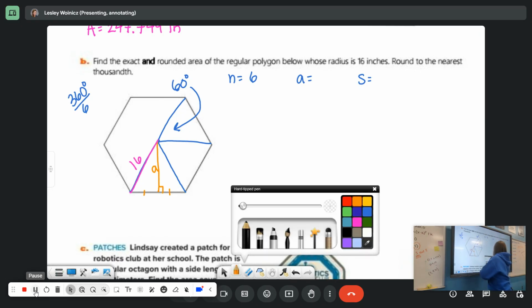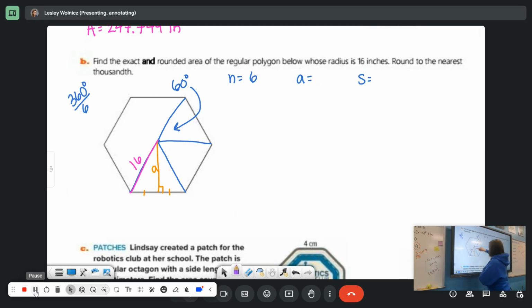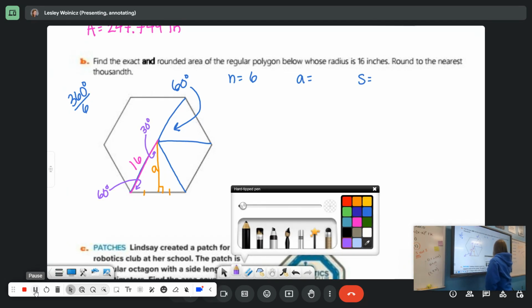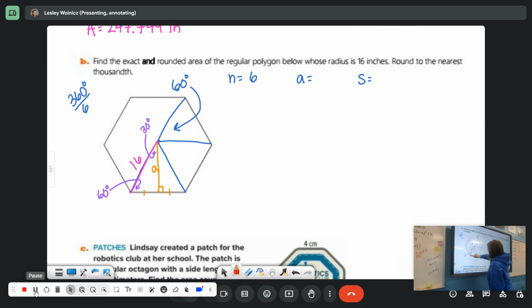If my central angle is 60, then this angle here is 30. And now I've created a 30, 60, 90 right triangle. So if my hypotenuse is 16, the short leg here has to be 8. And now I have 2 8s, which give me a side length of 16.